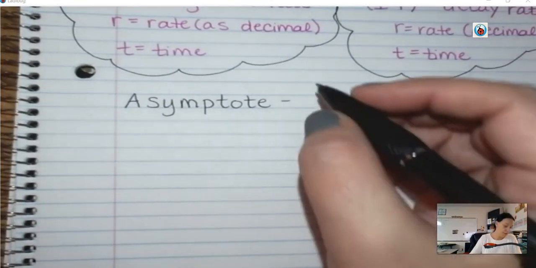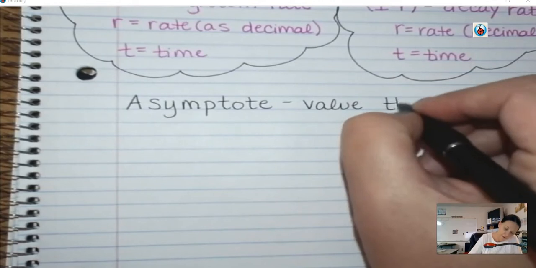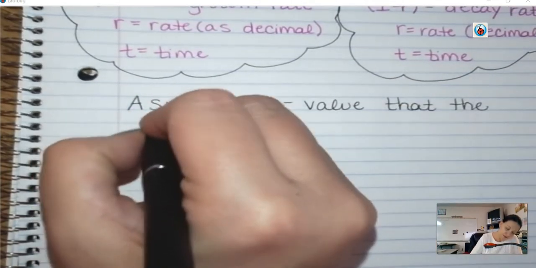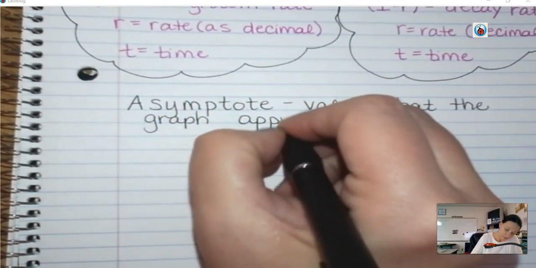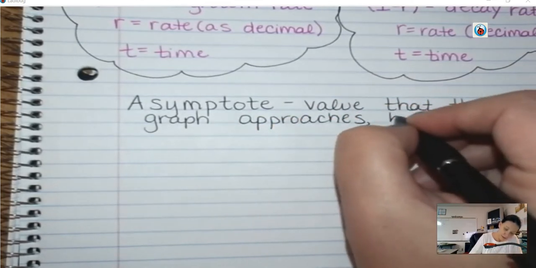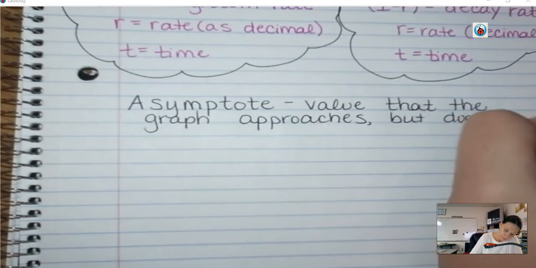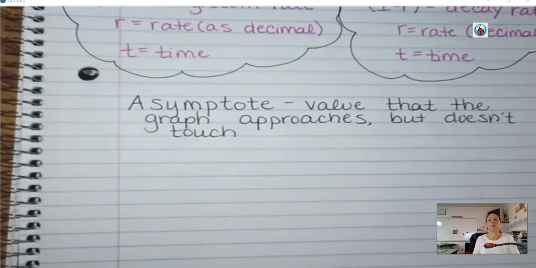An asymptote is the value that the graph approaches but doesn't touch. It's the value that the graph approaches but it doesn't touch.